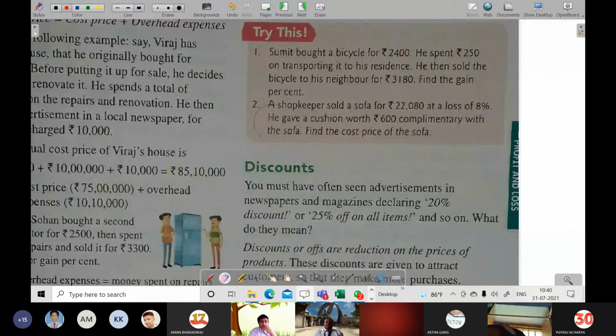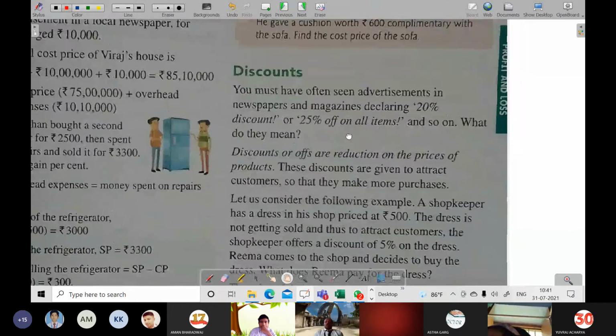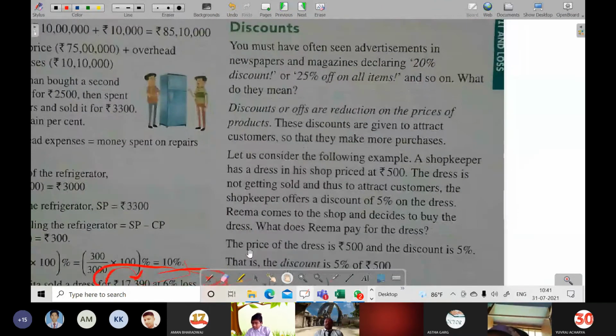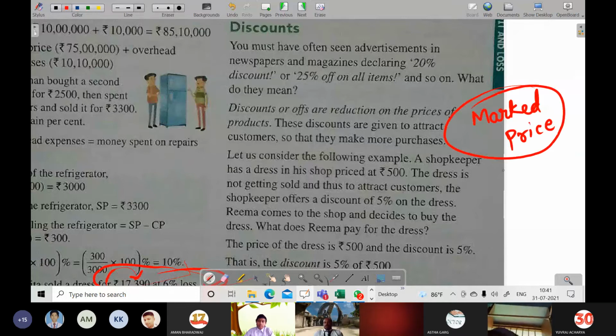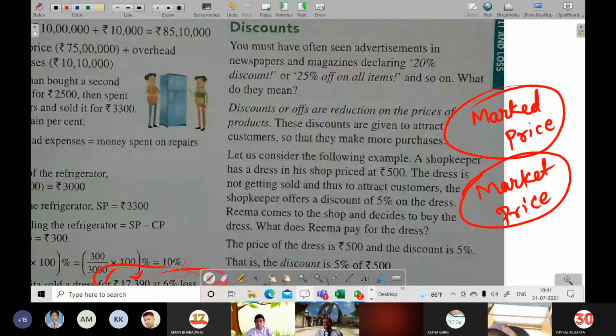Now here comes the topic discount. Now I want to tell you that discount is always allowed on marked price, or somewhere it is also said market price. Actually, marked price is the right term, because it is listed on the item.